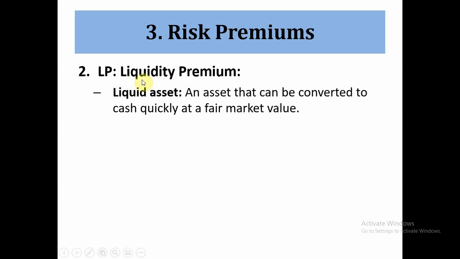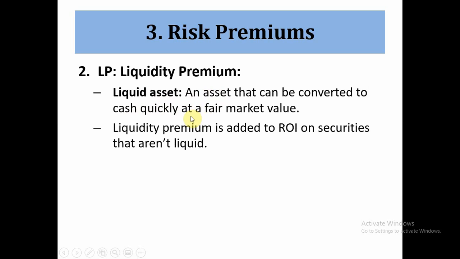LP, liquidity premium. What is liquidity? How easily your security is converted into cash at a reasonable price. What is a liquid asset? An asset that can be converted to cash quickly at a fair market value. So, how easily your security is convertible into cash, that is known as liquidity. Liquidity premium is added to ROI, return on investment, on securities that are not liquid.